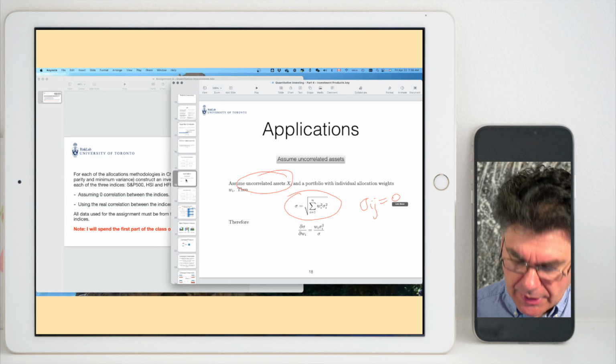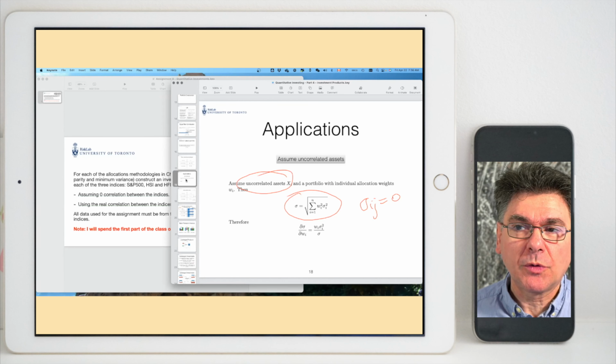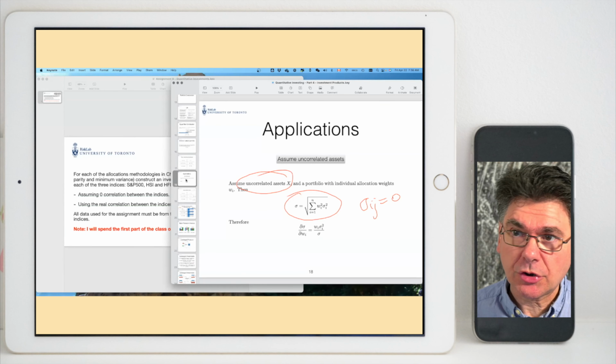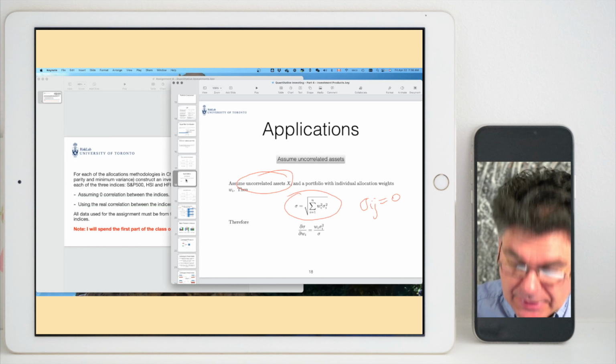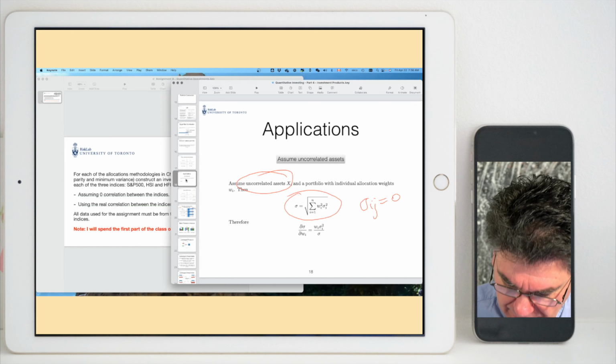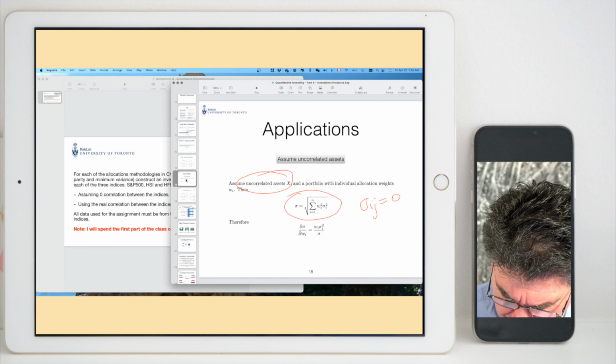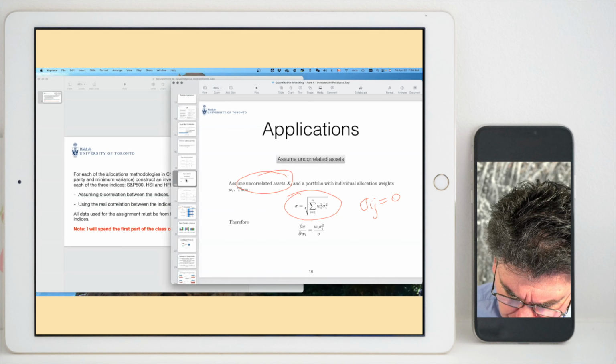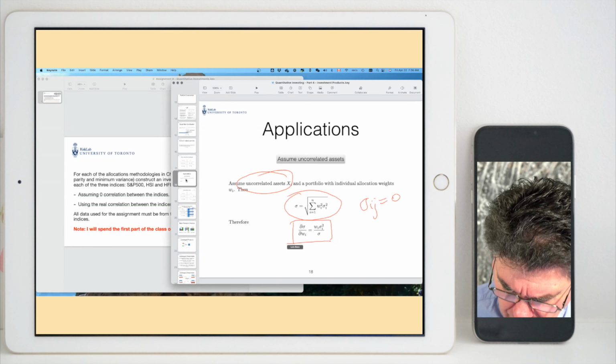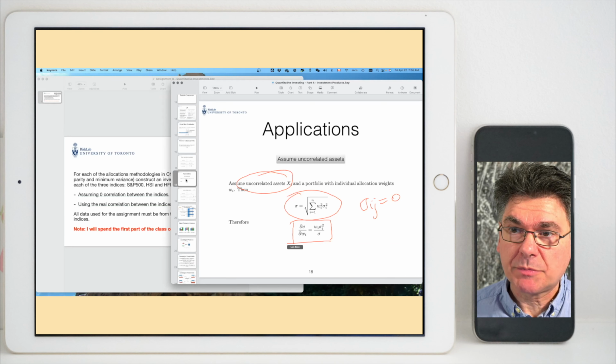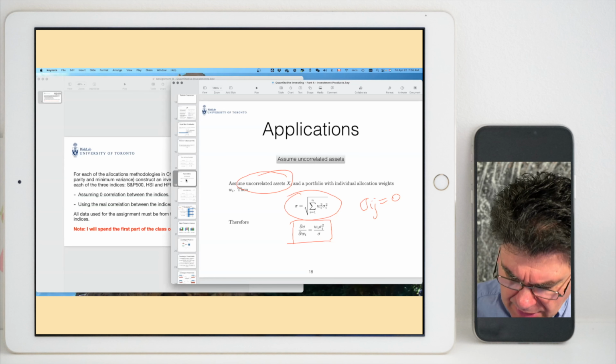There are no cross terms in the expression for the portfolio volatility. When they are uncorrelated, the partial derivative of the volatility with respect to the weights of the allocation to each index is given by this.